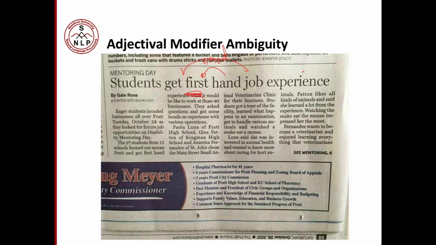So first-hand is a modifier of experience, and the job is also a modifier of experience, and then we have the same kind of subject, object reading on that one. But unfortunately, this sentence has a different reading where you change the modification relationships, and it's the first experience, and it goes like this.